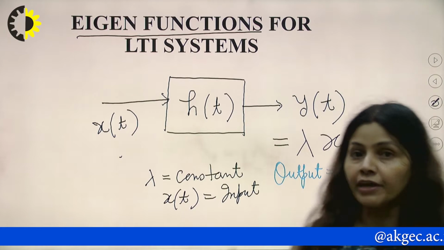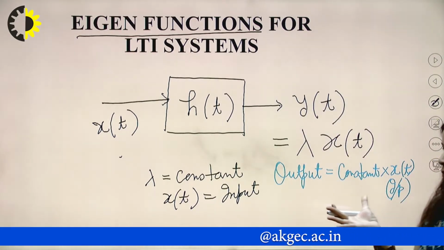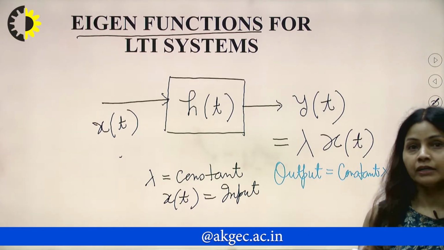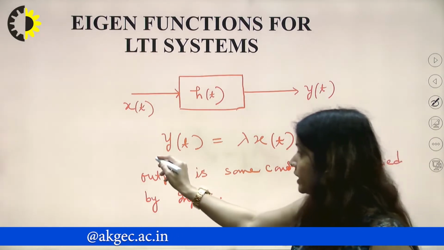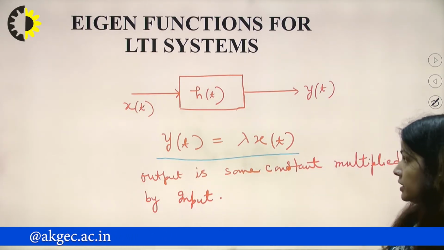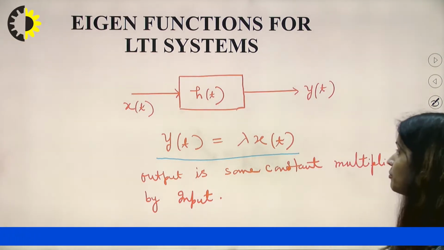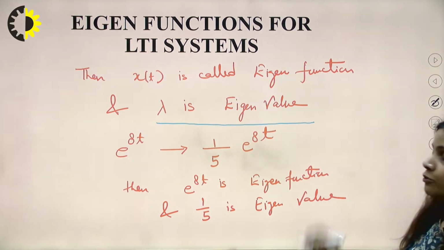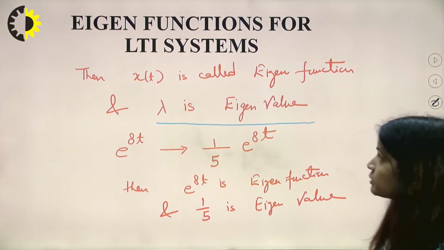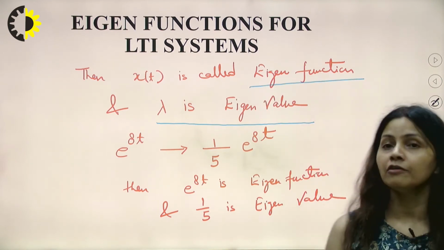So whenever the output comes in this form, we define Eigen Values and Eigen Functions like this: y(t) is equal to lambda x(t), the output is some constant multiplied by input, then I say lambda is my Eigen Value and x(t) is known as Eigen Function.